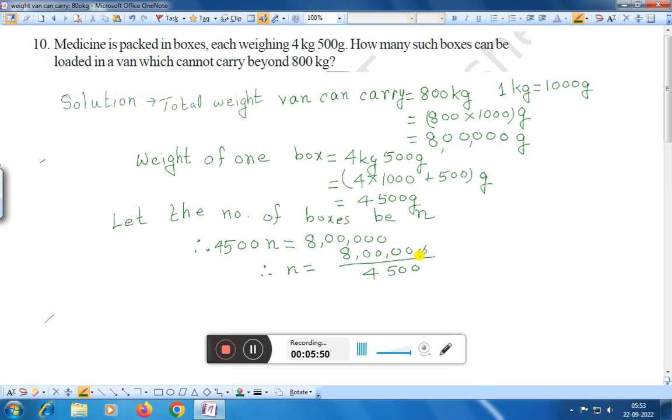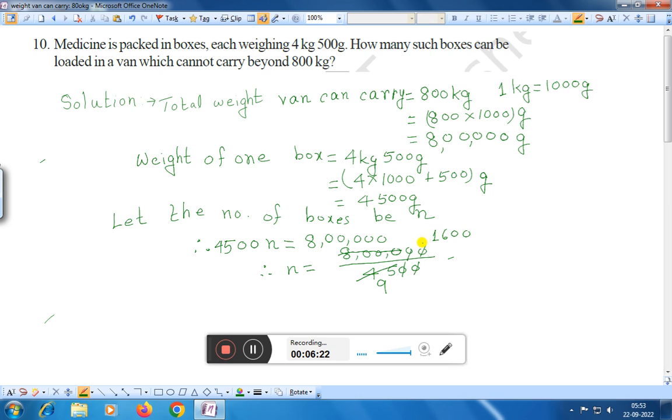Now we divide this. You cut the zeros, one each here. Now we divide this number by 5: 5 nines are 45, 5 sixes are 30, and 0, 0.